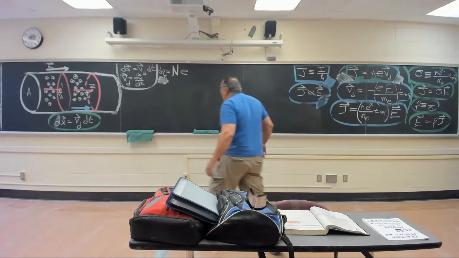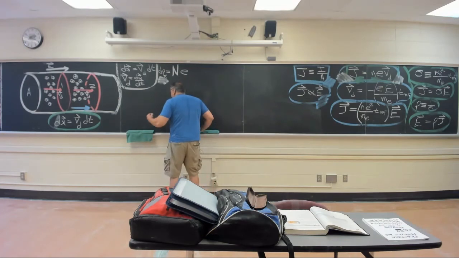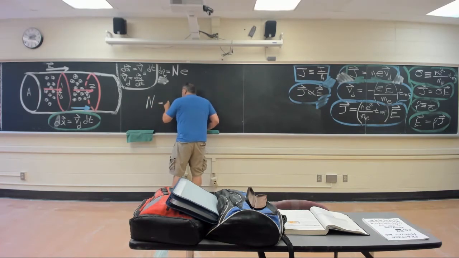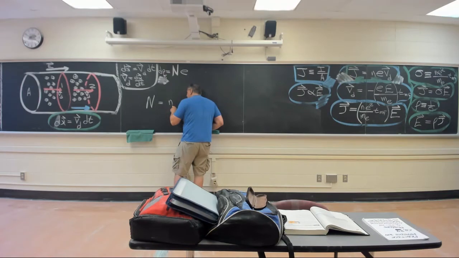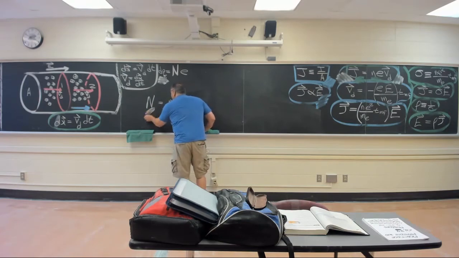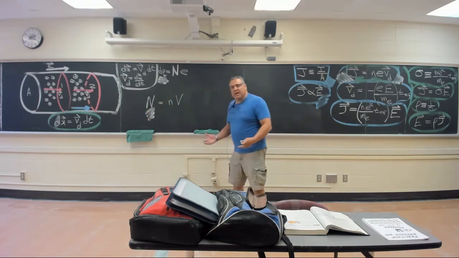Basically, if you want the total amount of particles that are present, this is the number density, the number of particles per unit volume, times the volume, and that'll give you the number flat out.